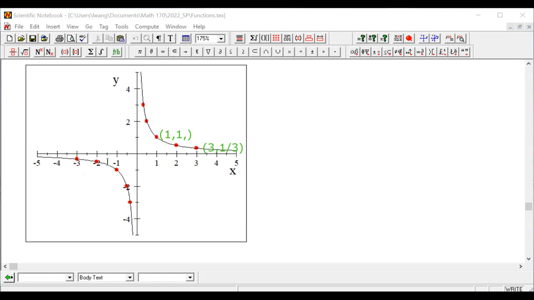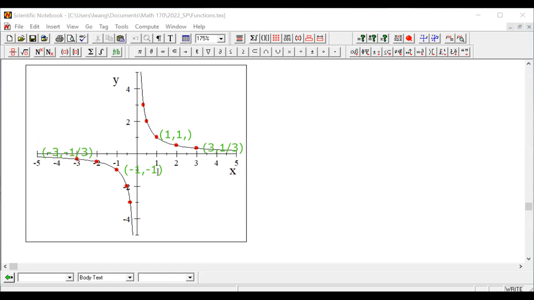And over here, this point is (-1, -1). And this point here is (-3, -1/3). Oops, not a period, a comma, sorry.